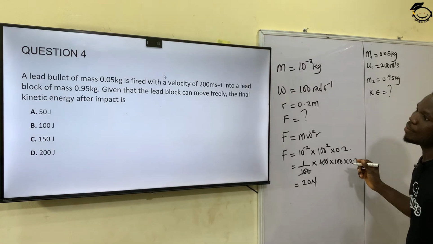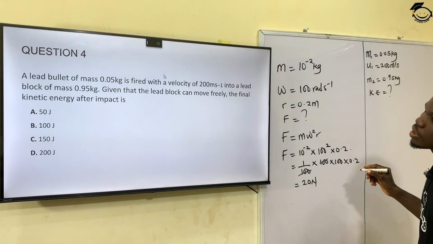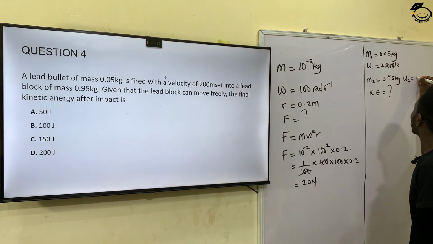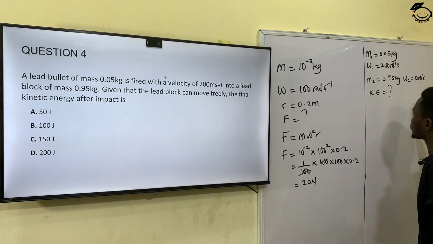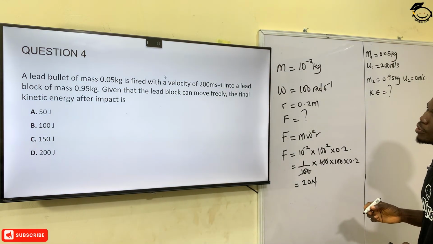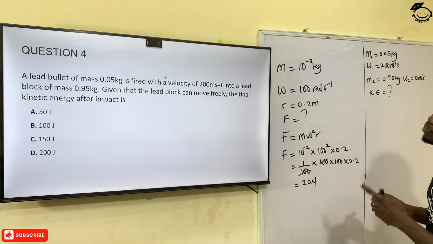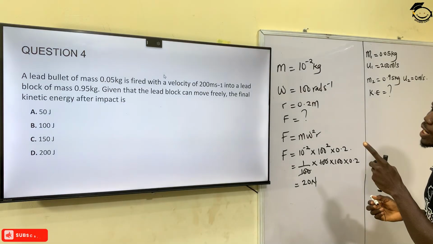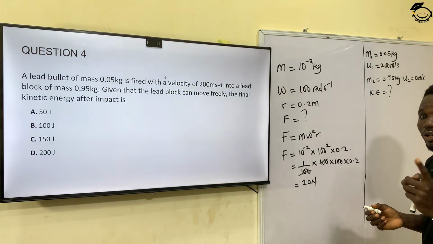Remember that the lead block was stationary, so its initial velocity u2 is 0 meters per second. The first thing we are going to do is to find their common velocity, because for the lead block to move freely, it means that the bullet causes both the bullet inside the lead block and the lead block itself to move.